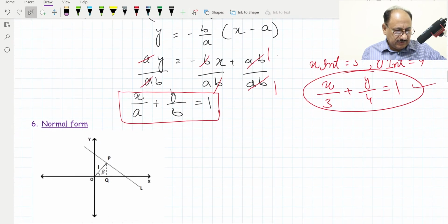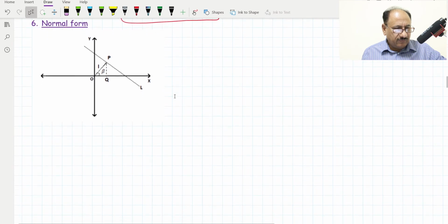Now the sixth form of equation is the normal form, and in normal form it will be a little tricky, but I'll try to explain it as simply as possible.